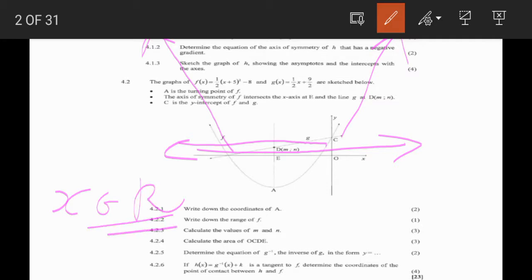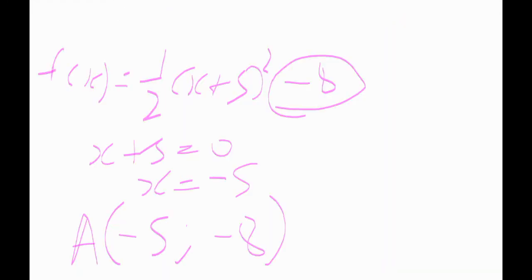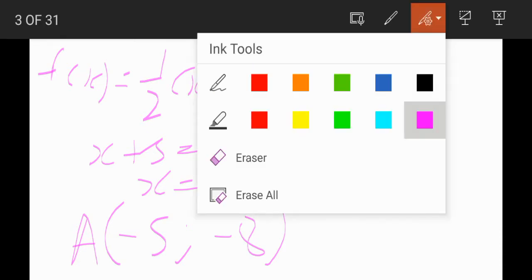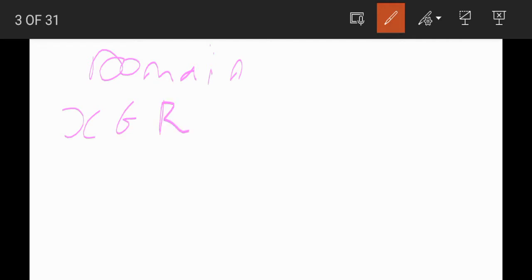With the parabola graph, when we are checking the domain and range, the domain will always be x, an element of real numbers. And then the range will go in accordance with the shape. So, revision again. When we are checking the domain, it will always be x is an element of real numbers.